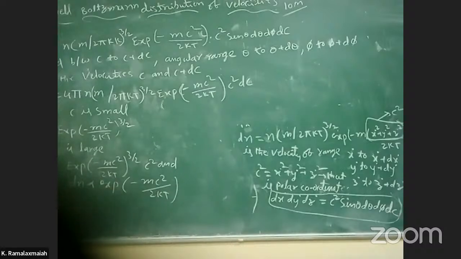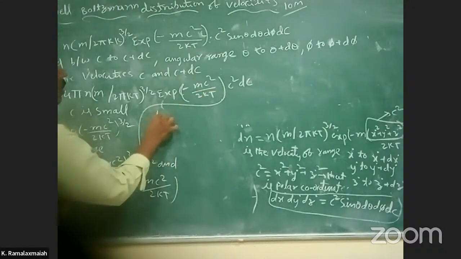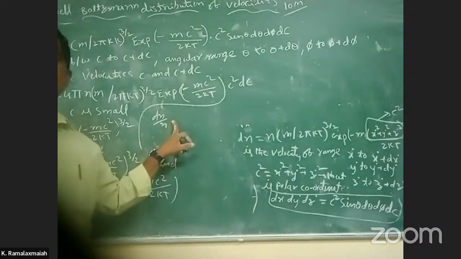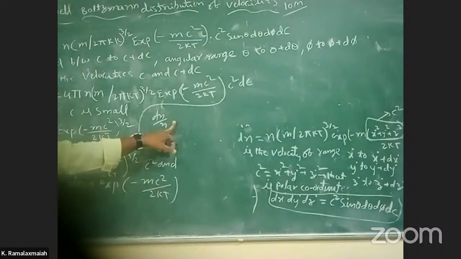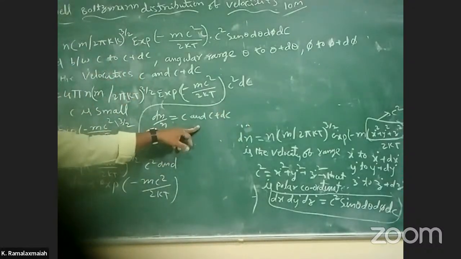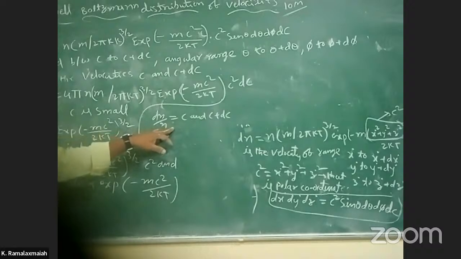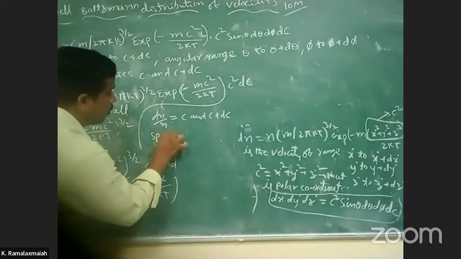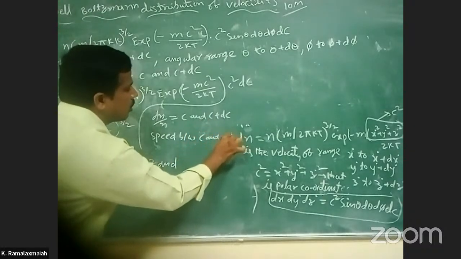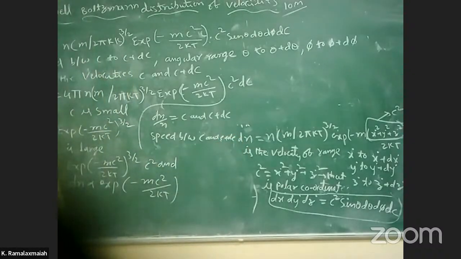So dn by n is given as the fraction of the molecules between c and c plus dc. So now it is the probability that molecules possess a speed between c and c plus dc.